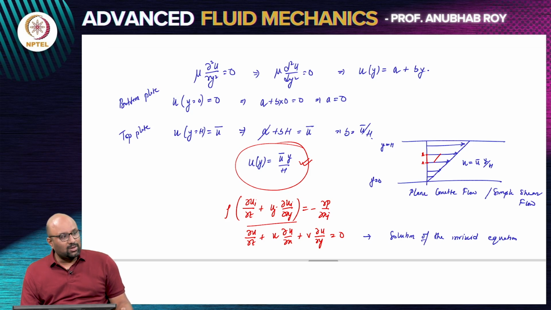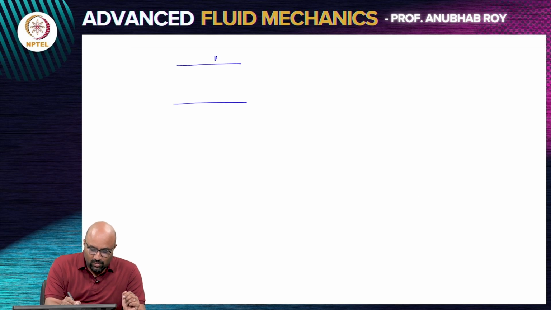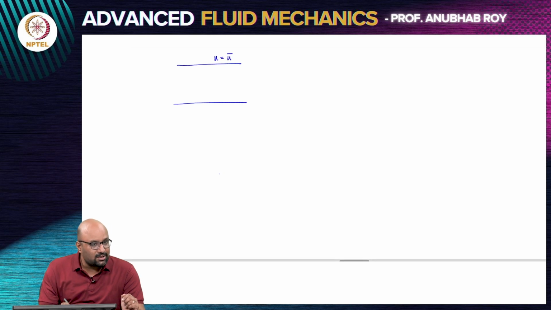But think of what would happen if the fluid was inviscid and I start moving my top plate. Think of it as an unsteady problem. We will work this out also as a complete unsteady problem. But before we do a formal calculation, think of what is going to happen. In the unsteady problem, you have a top plate which at time t equals 0 starts to move with a certain velocity.